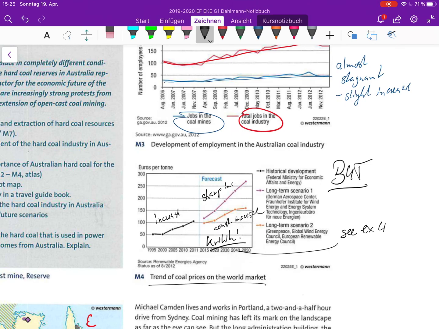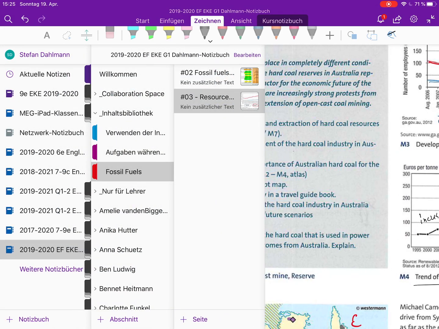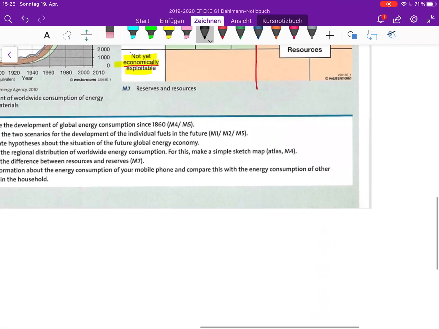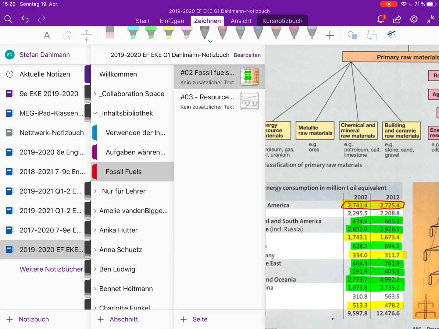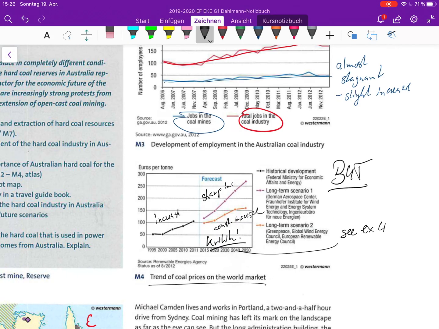Have a look at exercise 4 from page, what was it, 100. Have a look at this here before. M7 on page 109. It says otherwise because reserves are still coming.